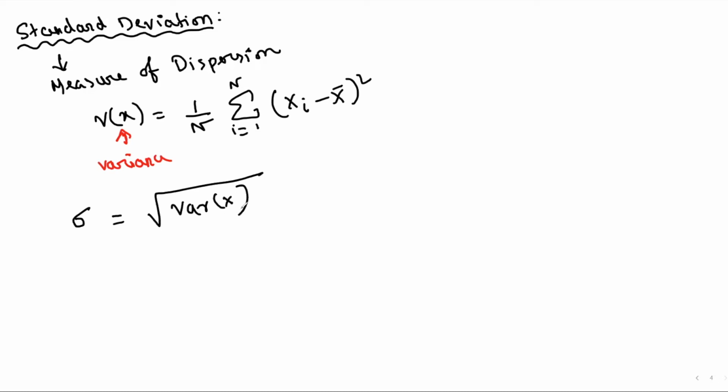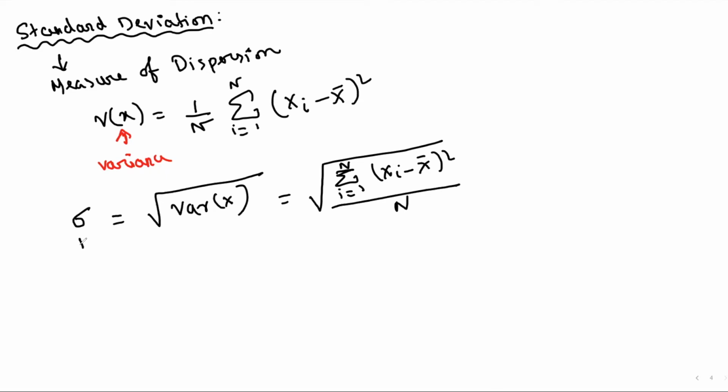So in this case, it will be the root of summation of i equal to 1 to n, x of i minus x bar whole square, divided by n. This is standard deviation. Okay, so it's nothing but the square root of variance. It also measures how spread the data is.